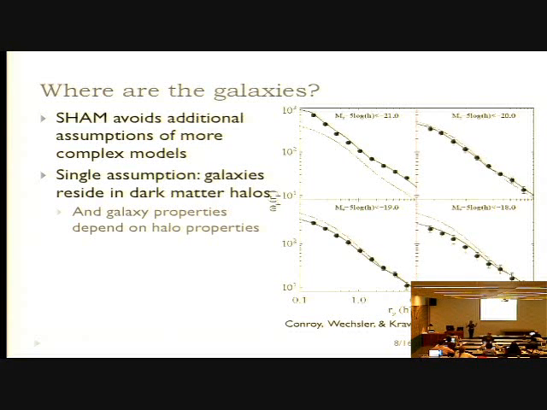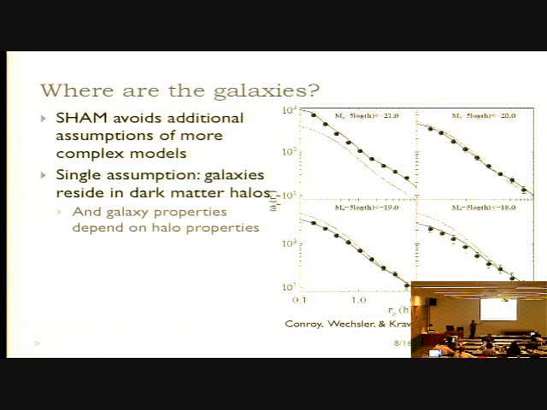We're not worrying about how you detail the star formation and feedback, for instance. Our baseline assumption is just galaxies live in dark matter halos. Done. And the galaxy properties have to depend on the properties of the dark matter halos, since that's the baseline input that we're using. This has been studied numerous times previously.